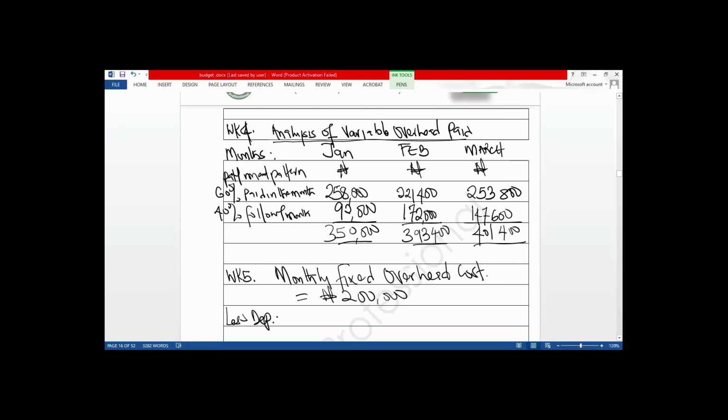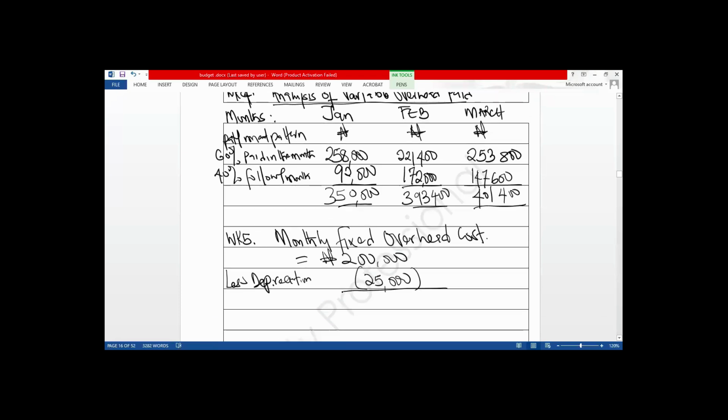It includes depreciation of 25,000. This will give us 175,000. This is our cash monthly fixed overhead cost.